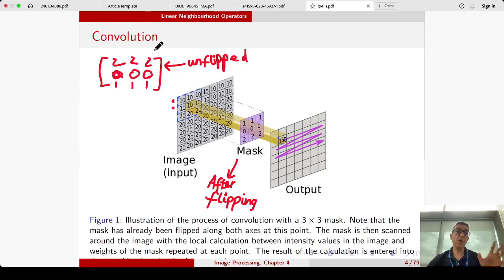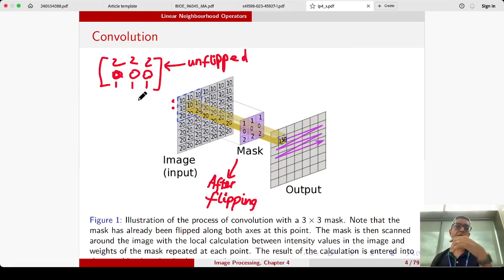This is the convolution mask after flipping, before we start applying it. What happens when we apply the mask? I'll come back to the flipping later on. Just be assured that in the definition of convolution between an image and a convolution mask, the mask must be flipped, according to the definition of convolution.